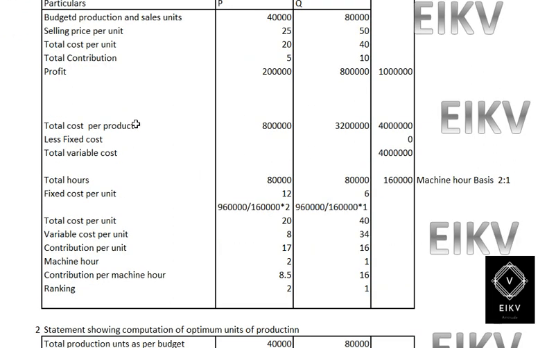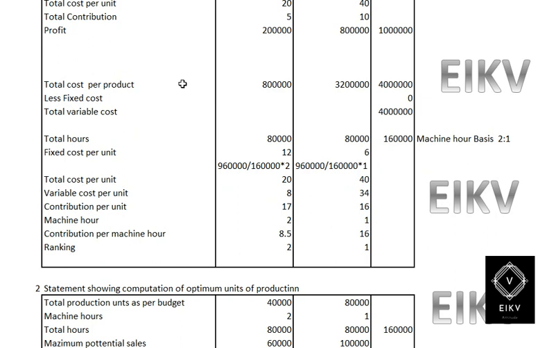After that, we should segregate the fixed cost and variable cost. For that, we take the total cost of the product as 8 lakh and 32 lakh, that is, the cost per unit of the product multiplied by total production units. Therefore, the total cost is 40 lakh.